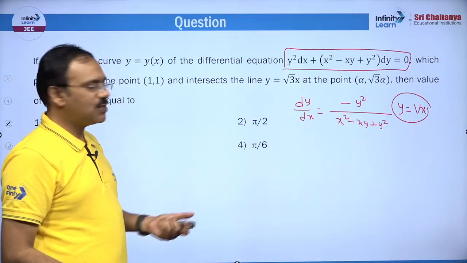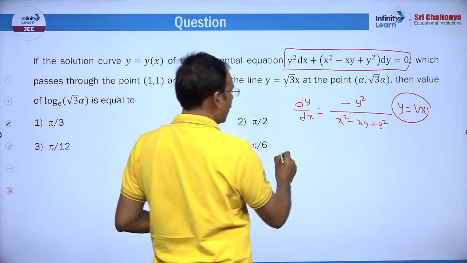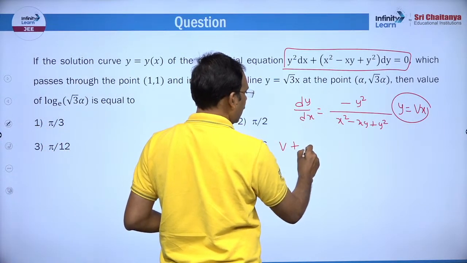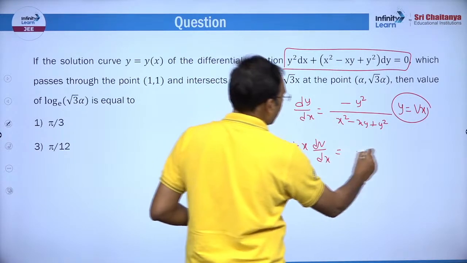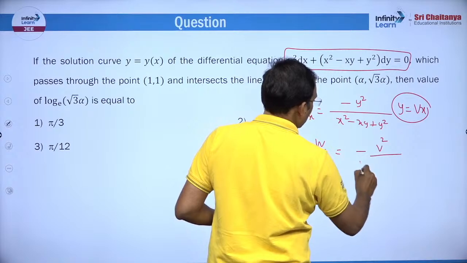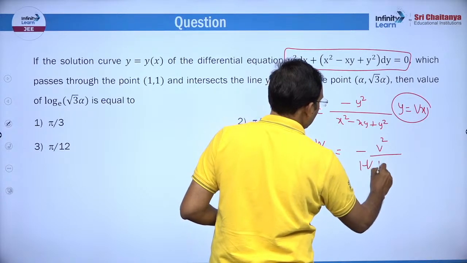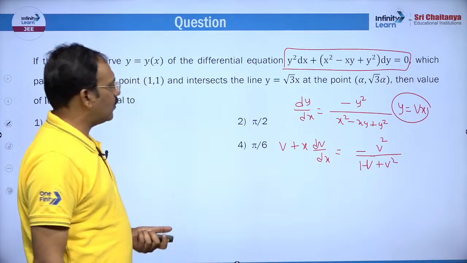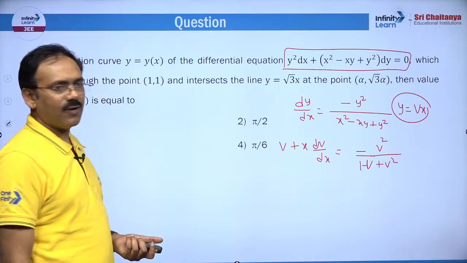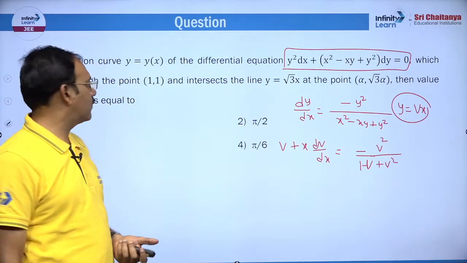So put y is equal to Vx, which means you will get dy by dx as V plus x into dV by dx, which will become minus V square by 1 minus V plus V square. This is the one. Now you can further simplify, dear friends, and solve this differential equation.